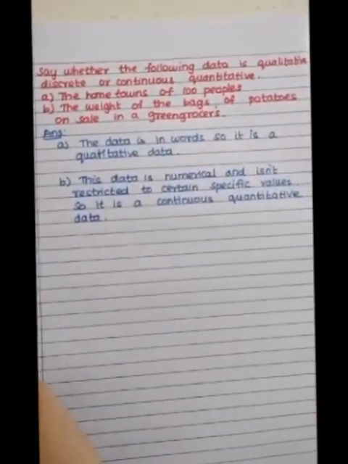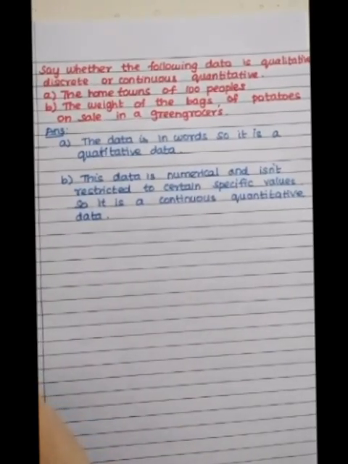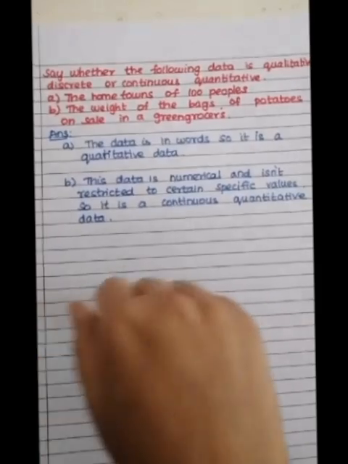Okay, we can see an example. Say whether the following data is qualitative, discrete, or continuous.